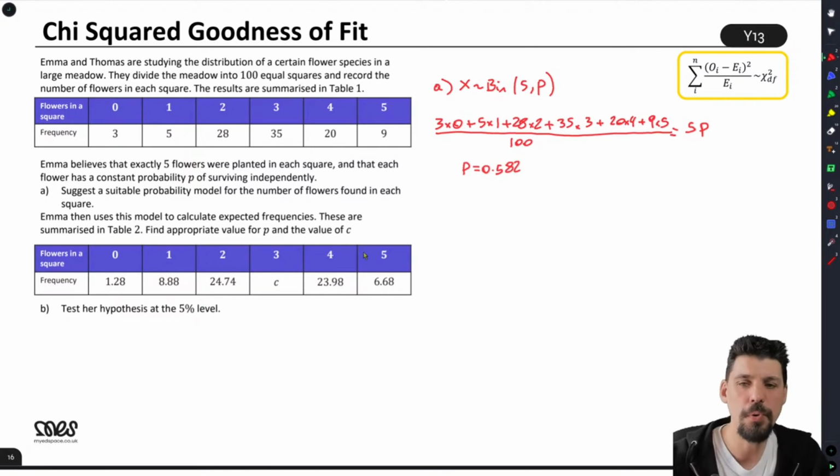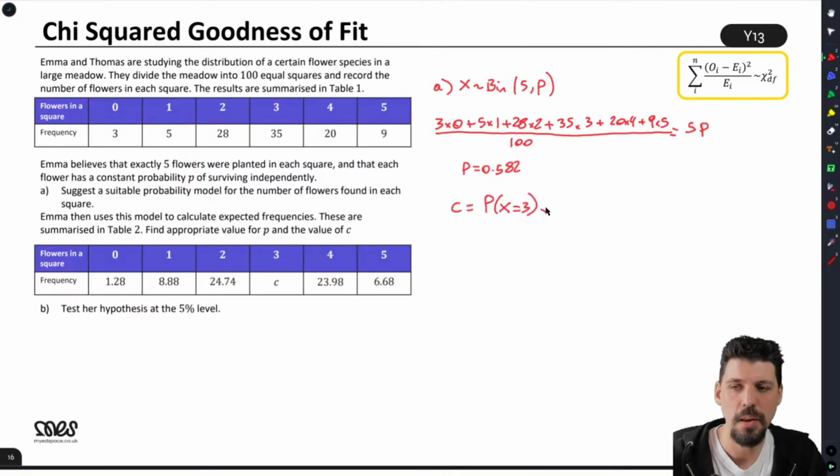So what's an appropriate value for C? Well, C will be, what is the probability then, using this, of getting 3 flowers blooming? We want the probability that X is equal to 3. And then we're going to scale that up. So that's the proportion of squares that will have 3 blooming flowers. Scale it up by 100.